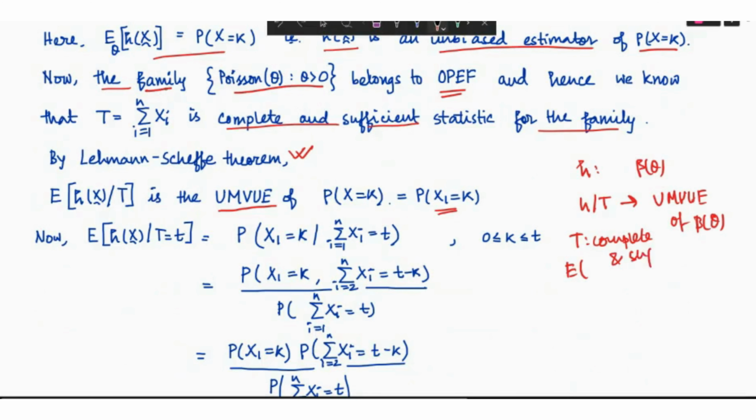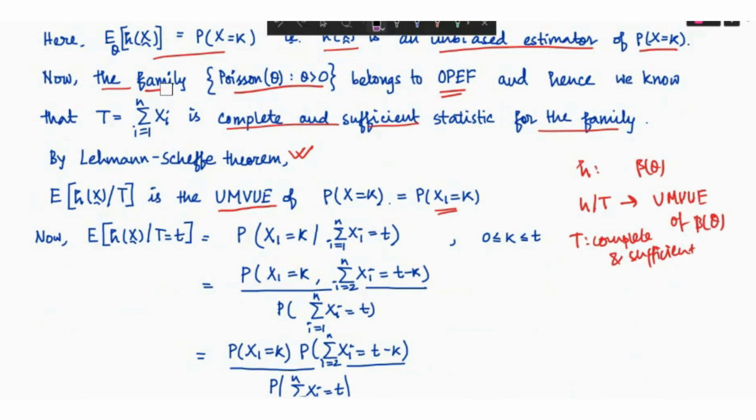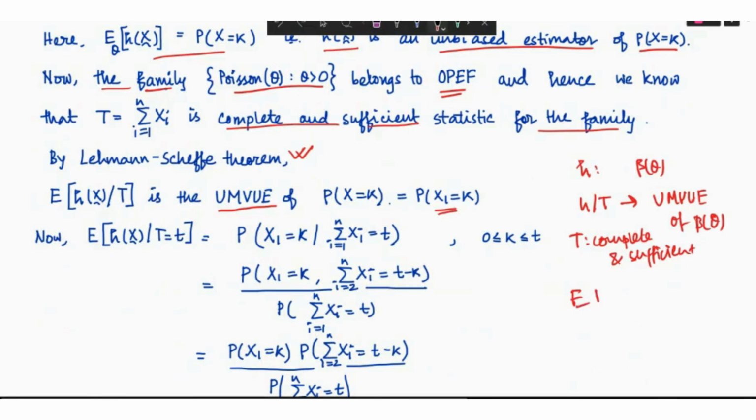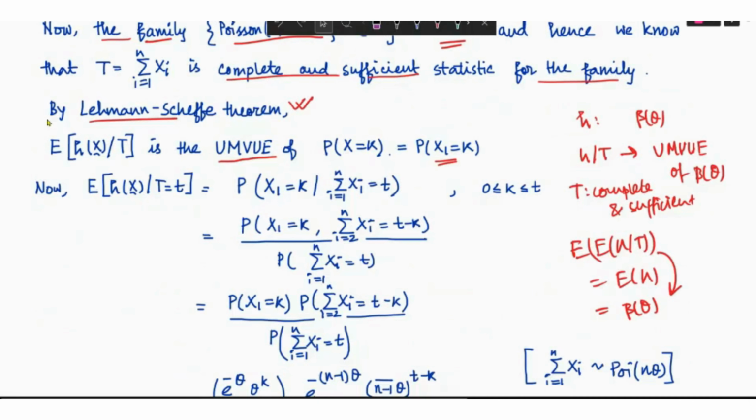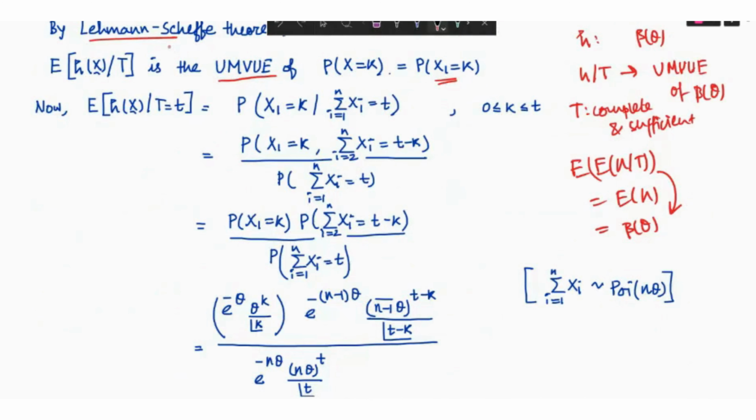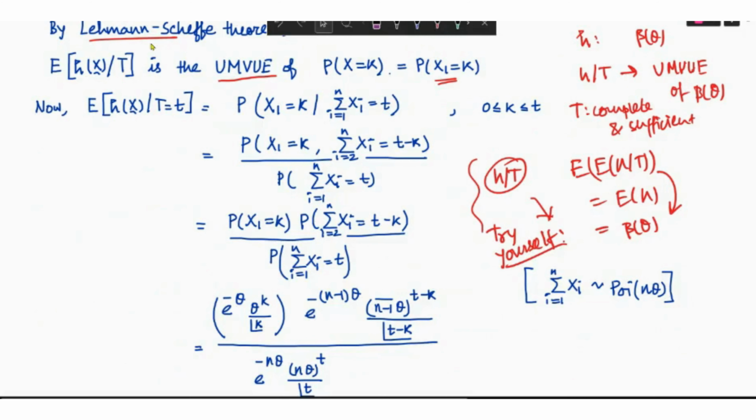So the expectation of H given T will be the expectation of H, which is beta theta. So this is unbiased, and this will be minimum variance by the Lehmann-Scheffe theorem. Since T is complete sufficient, H given T will be independent of theta, and hence we can prove that it will be the minimum variance unbiased estimator. You can try yourself if not known. Okay, so let us focus on the problem.